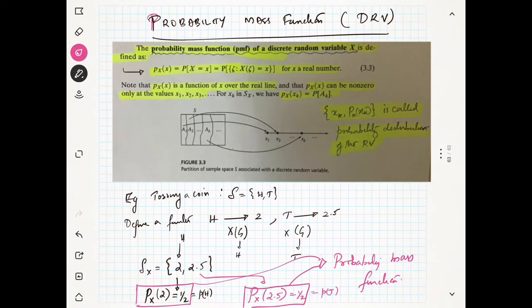That means for each outcome zeta, where x of zeta is equal to the value x, it is the probability mass function. The probability mass function is usually denoted using this notation.